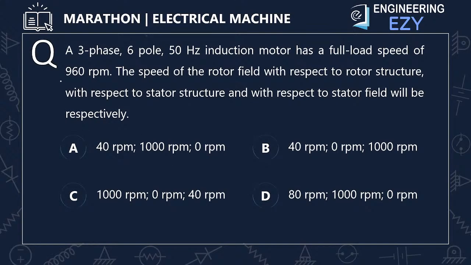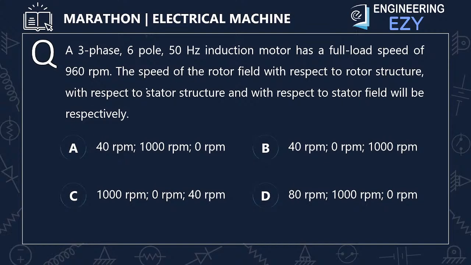This question is related to the relative speed between the rotor structure, stator structure, and rotor field. A three-phase, six-pole, 50 hertz induction motor has a full load speed of 960 rpm. You have to calculate, first, the speed of the rotor field with respect to the rotor structure.